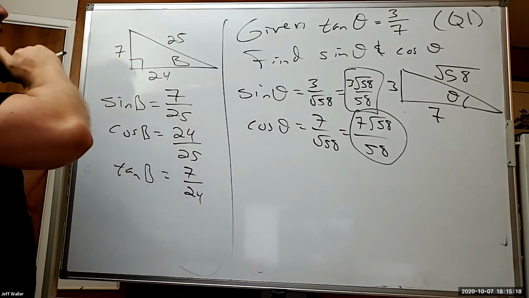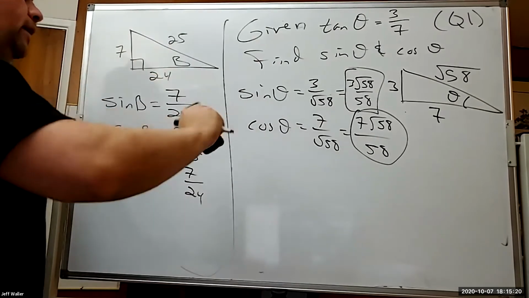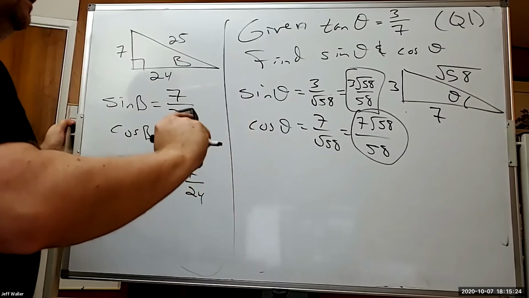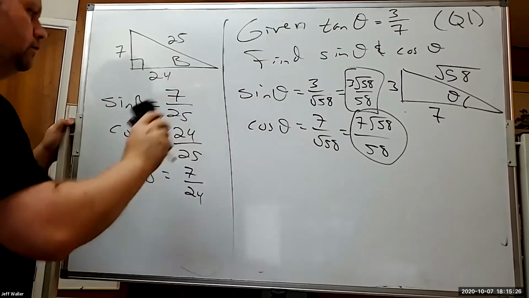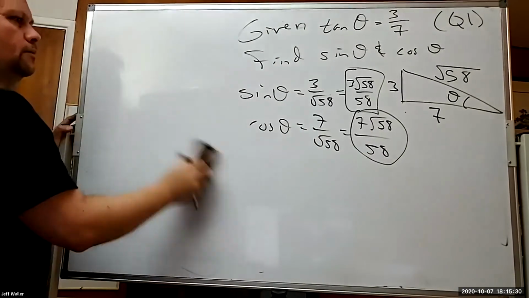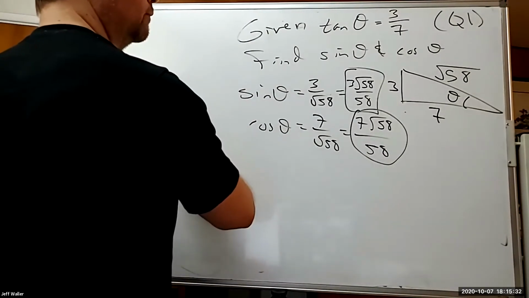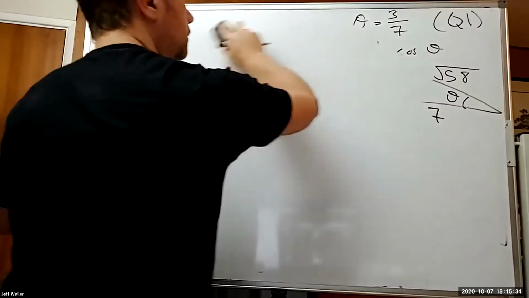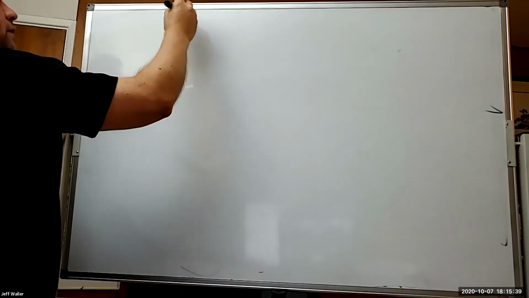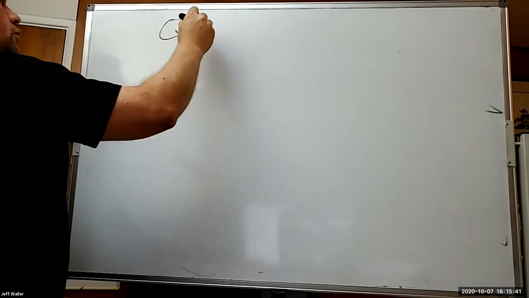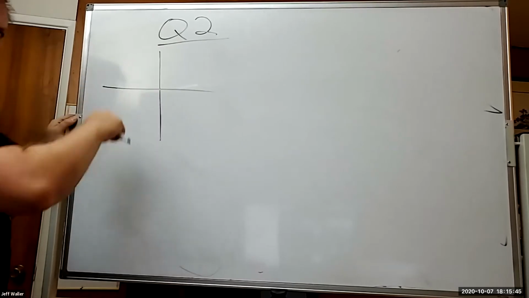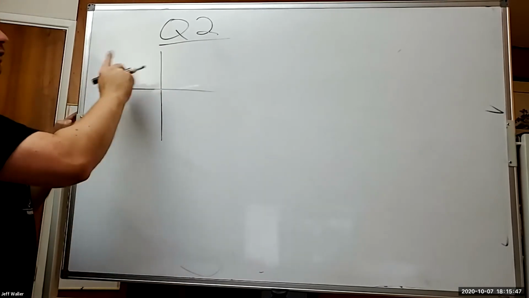Yeah, let's go ahead and sneak into the negative stuff right now. So if I was in quadrant 2, so I am over here, what is true in quadrant 2?